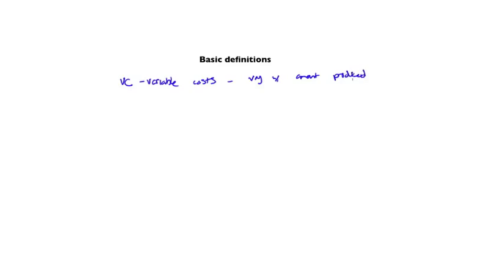Then we're going to have what we're going to call semi-fixed cost. These are costs that kick in if the amount produced is greater than 0, but don't vary with Q otherwise.